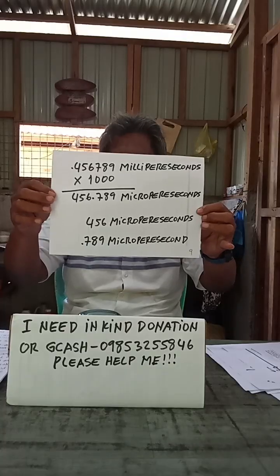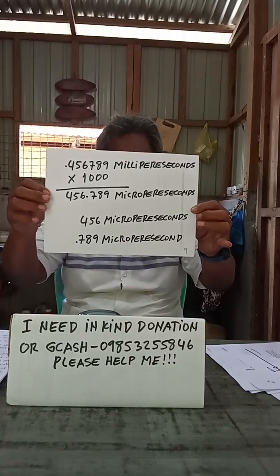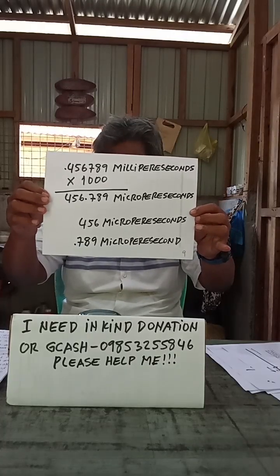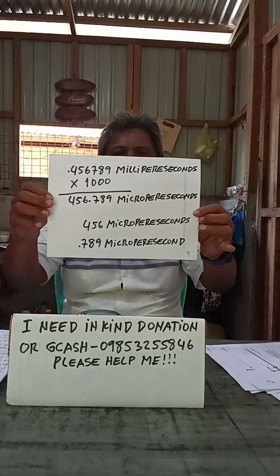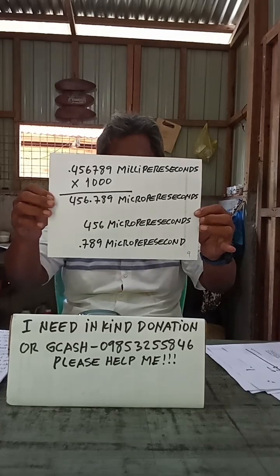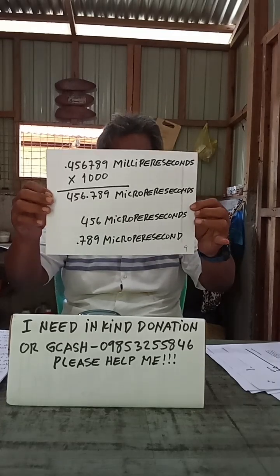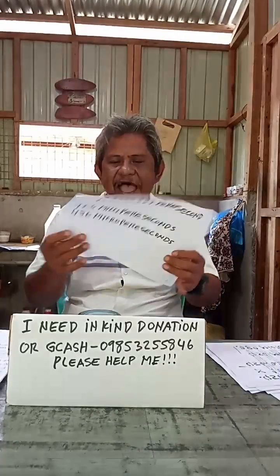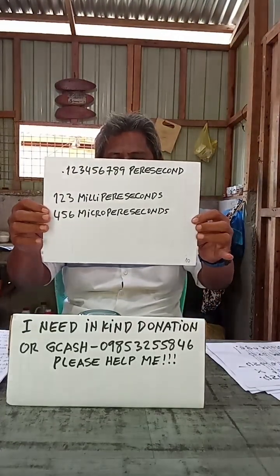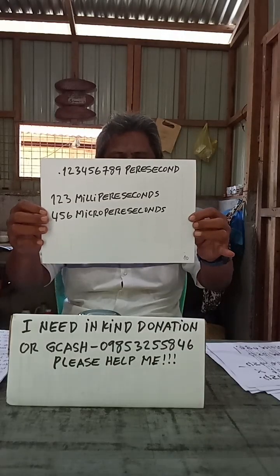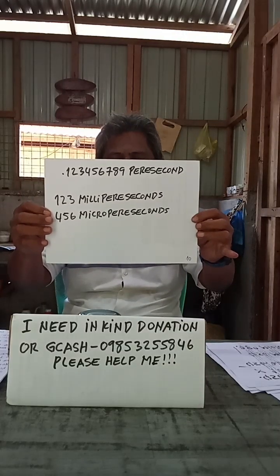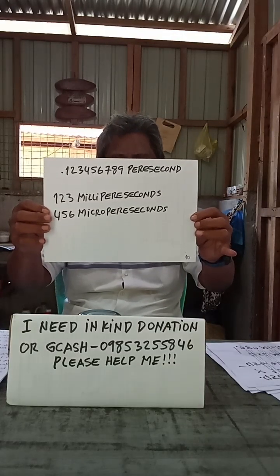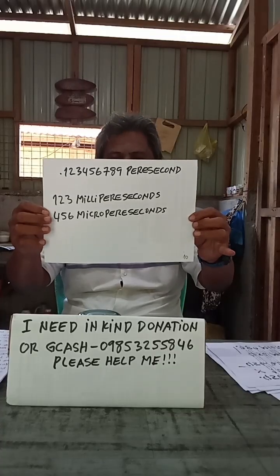And we have now 456 microperiseconds. And the remaining is 0.789 microperiseconds. And we have now 123 milliperseconds, 456 microperiseconds from the decimal periseconds.